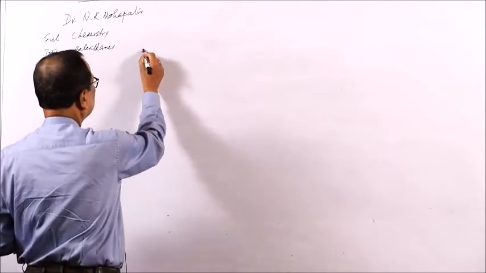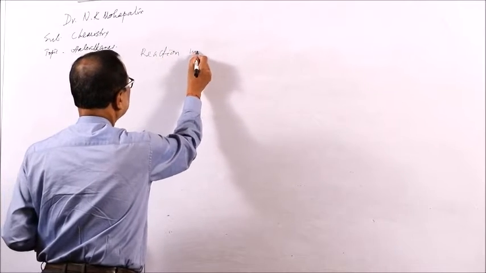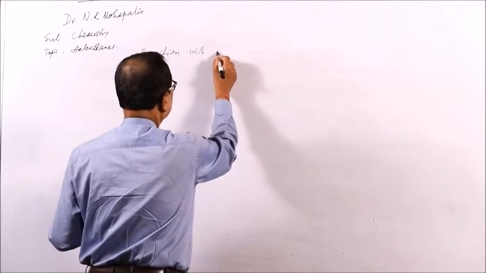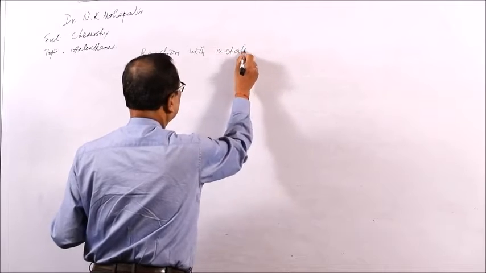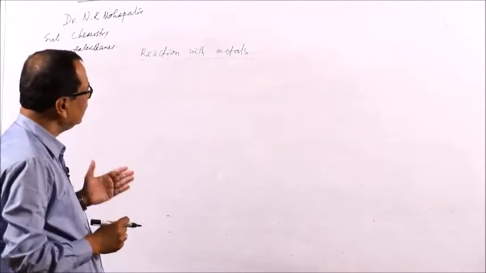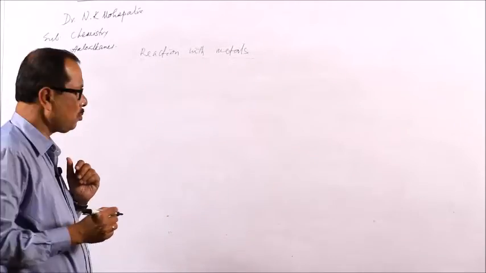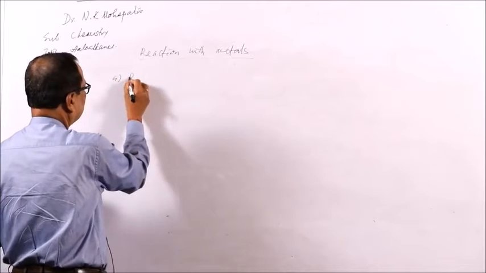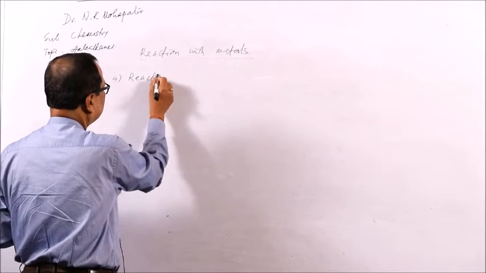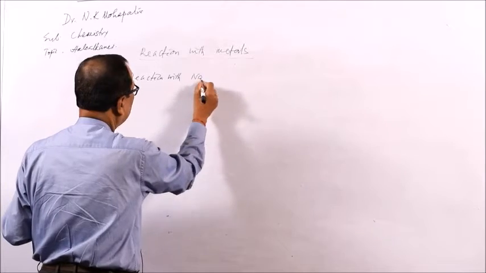Now, let us come to reaction with metals. Alkyl halide reacts with a number of metals to give you different types of products. First of all, reaction with sodium.